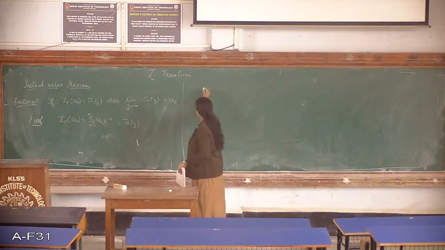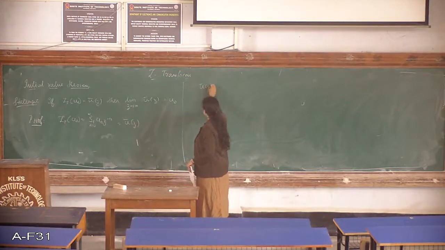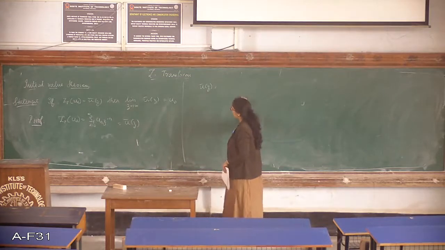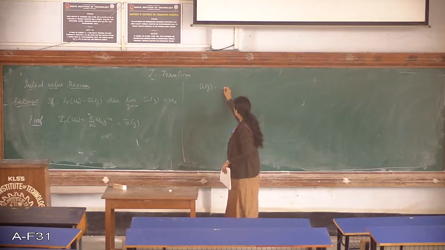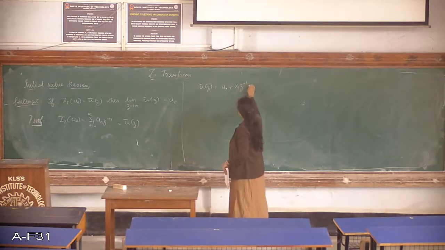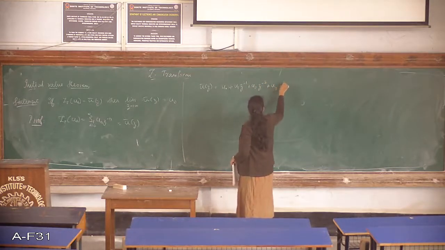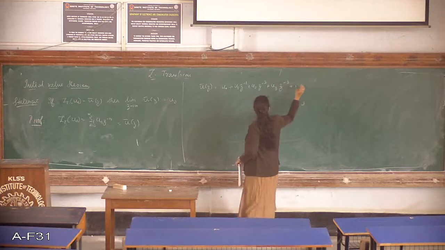So, now U bar of z, which is nothing but the Z transform of u_n, let me write it in terms of the expansion, that is, n is taking the values 0, 1, 2, 3, etc. So this becomes u0 plus u1 z^-1 plus u2 z^-2 plus u3 z^-3 plus so on.